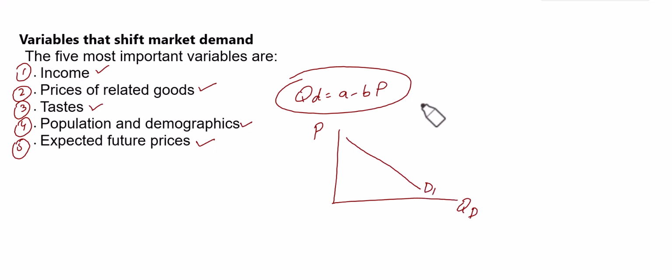So let's assume that the income of people increases. Now people have more money, so they can buy more products. When income increases and there is no change in price level, due to the increase in income, people will now demand more goods. So demand increases.